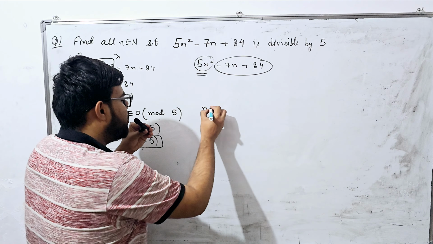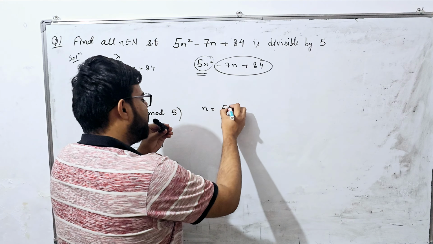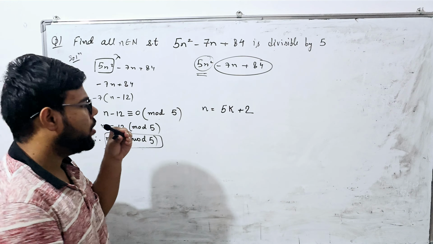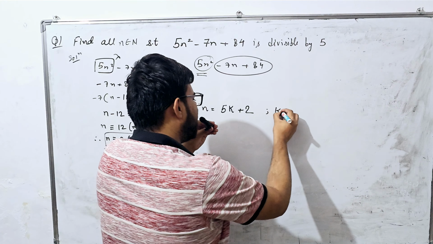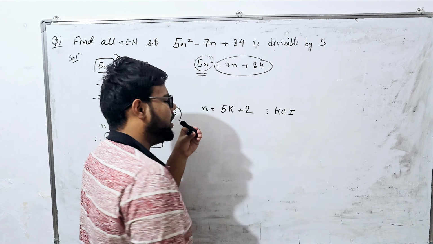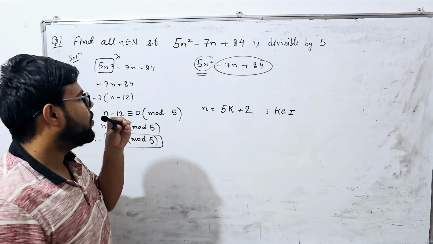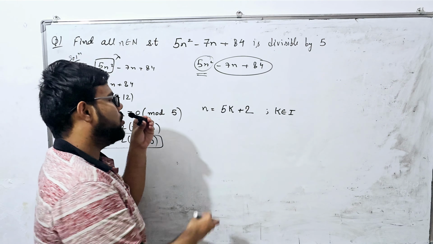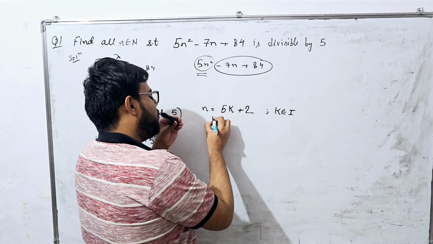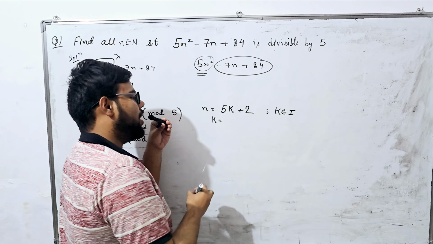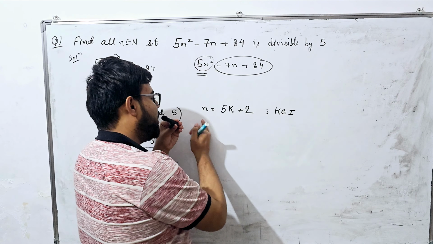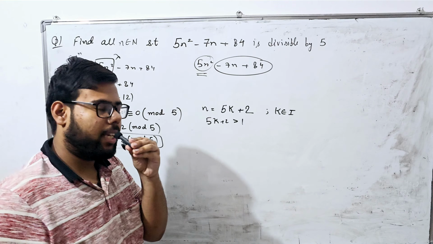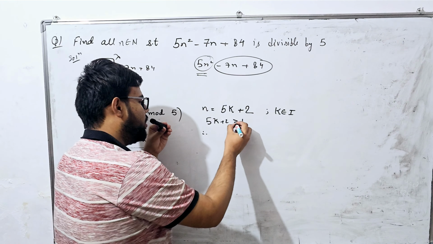So n is congruent to 2 mod 5. Basically n is of the form 5k + 2, where k belongs to integers. But since we want n to be a natural number, what can be the possible values of k? We want 5k + 2 to be greater than or equal to 1.